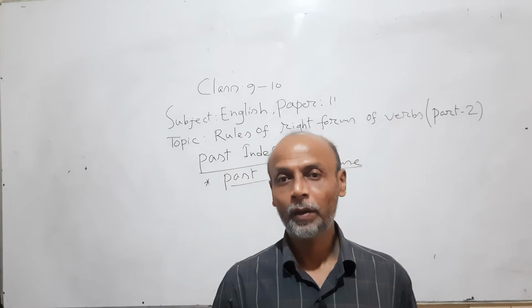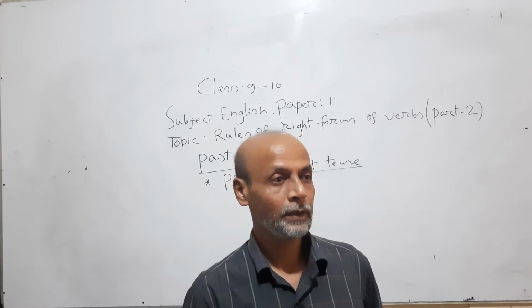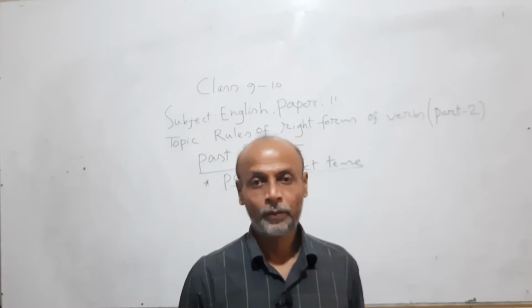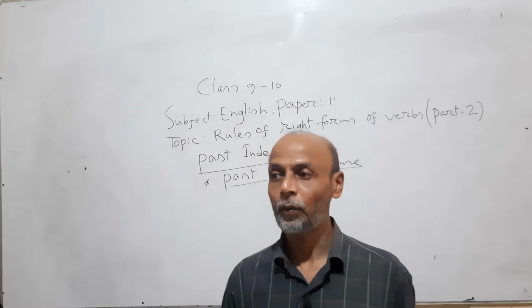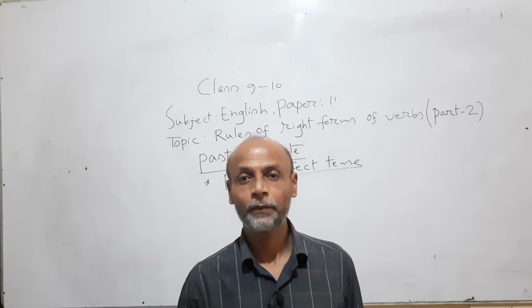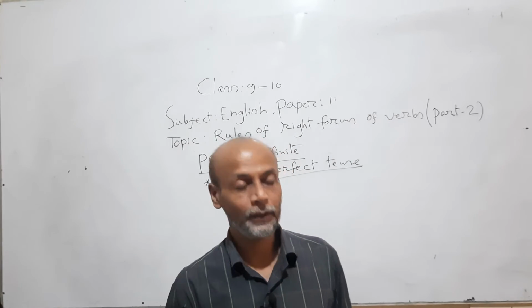One occurs earlier than the other. So, you have to make it first perfect tense. The verb that occurs earlier will take first perfect and the other verb will take first indefinite.